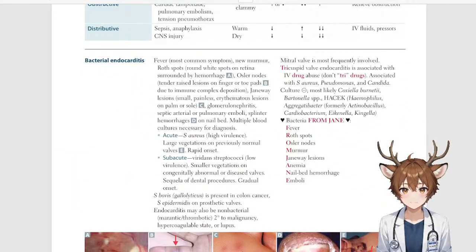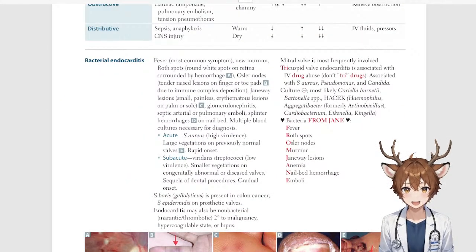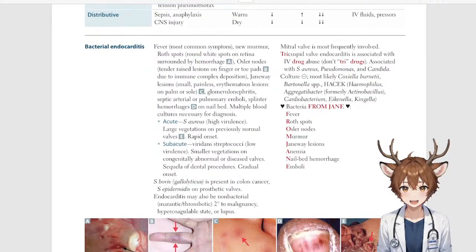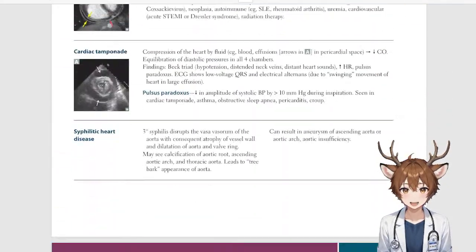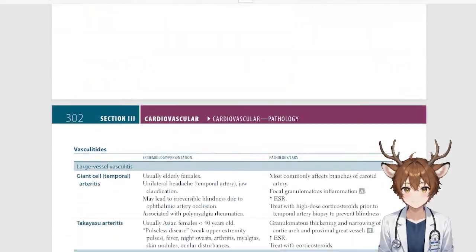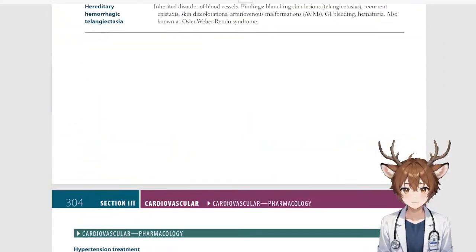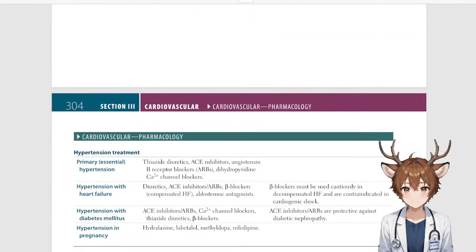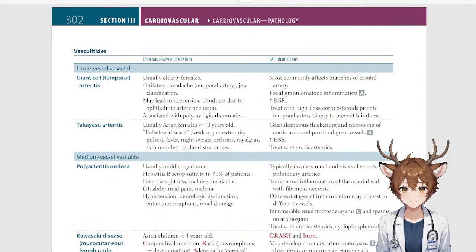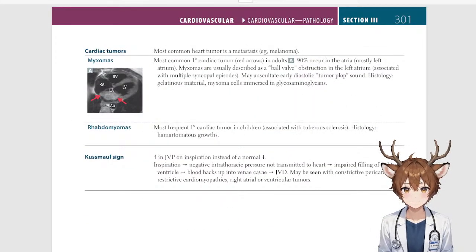So they mentioned Osler nodes, all that kind of stuff. Okay, you can look at that if you want to. But I want to look at myocarditis right now. Oh, apparently myocarditis is again neglected. So let's talk about it.